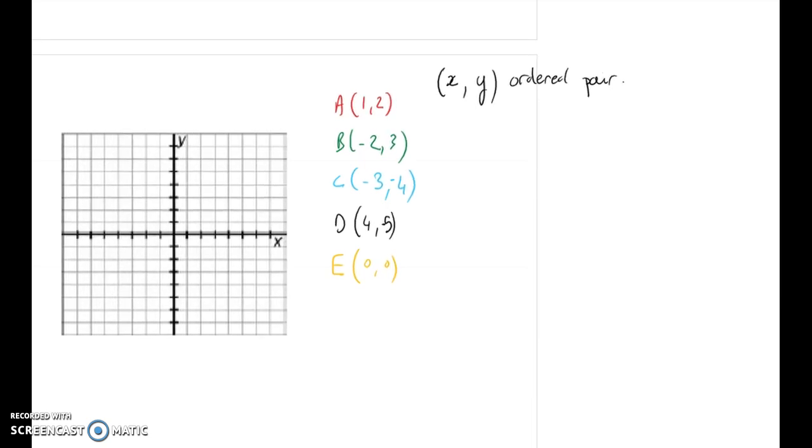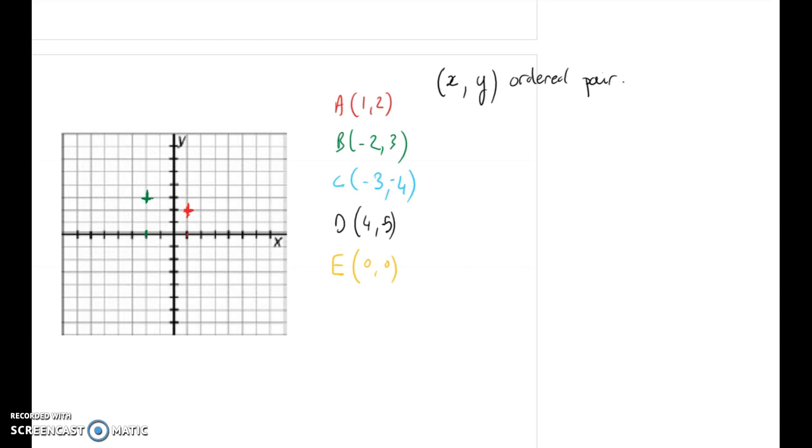Okay. And so let's plot the point A. The point A is at X equals 1, which is right here, and then Y equals 2: 1, 2. So the point A is right there. Now, if I want to go to the point B, negative 2, 3: X equals negative 2, which is right here, and Y equals 3: 1, 2, 3.